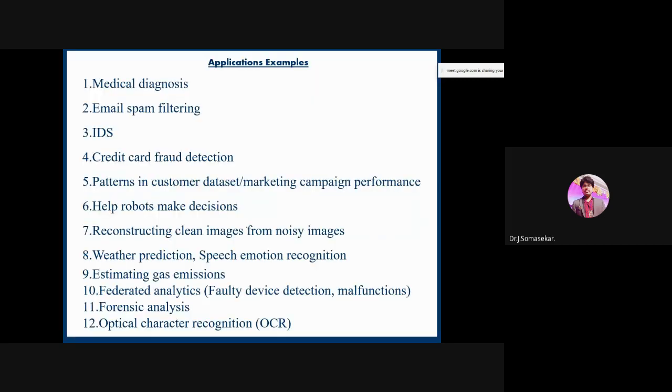We have a huge number of applications of the Naive Bayes classifier. Medical diagnosis, for which I will show an example by considering one synthetic data set, and email spam filtering.